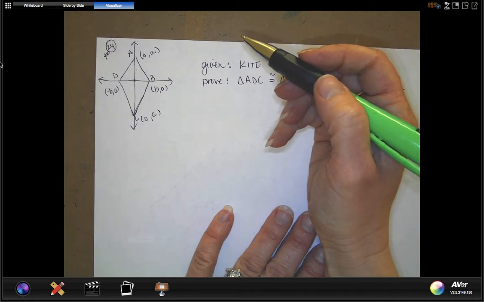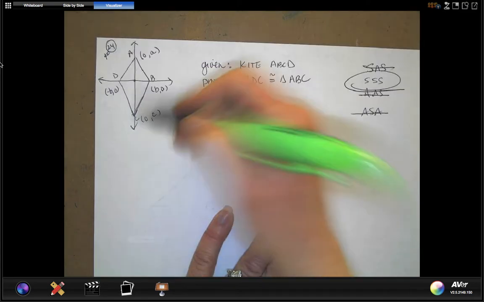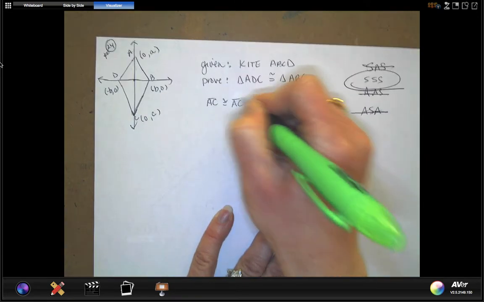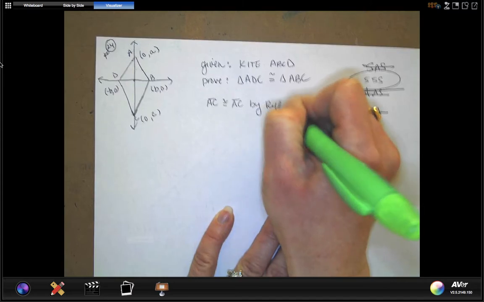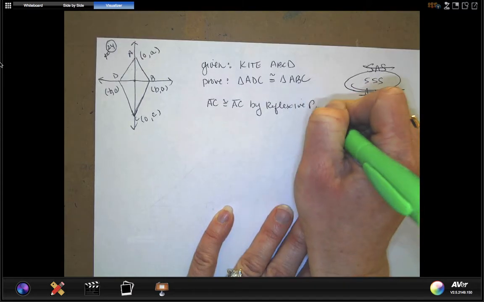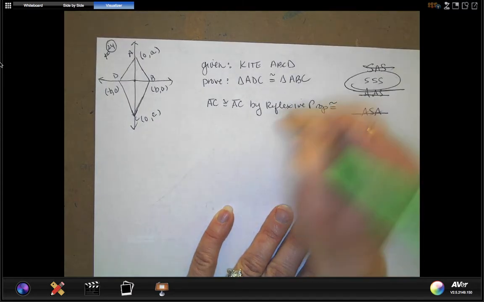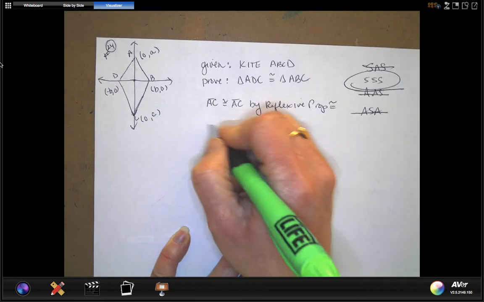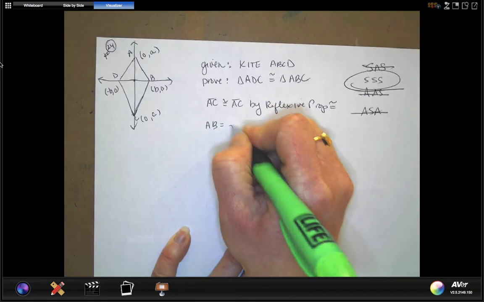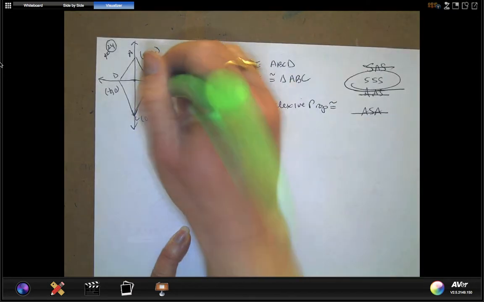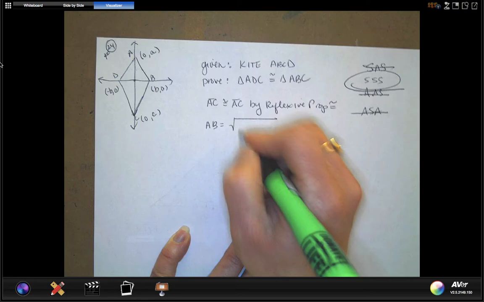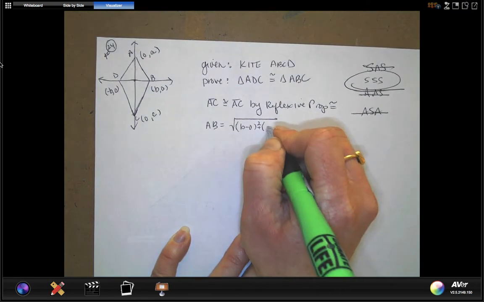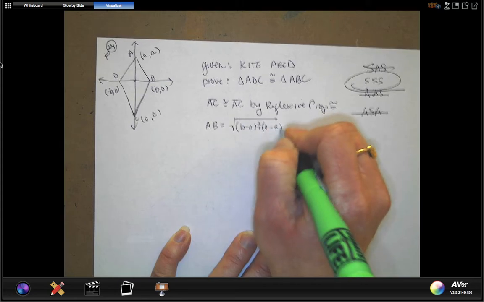Now this one, AC, is the reflexive side. AC is congruent to AC by the reflexive property of congruence. So I'm good there. But for AB, I need to show that it equals AD. So AB would be that distance there, and I'm going to do the right one minus the left one. So B minus 0 squared plus 0 minus A squared.